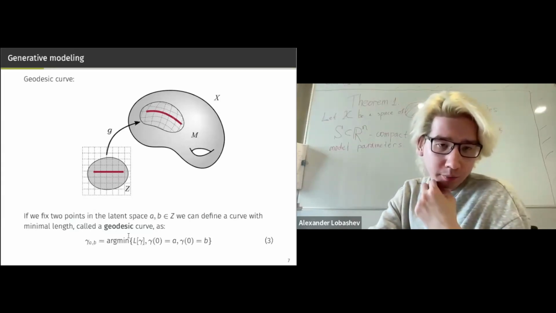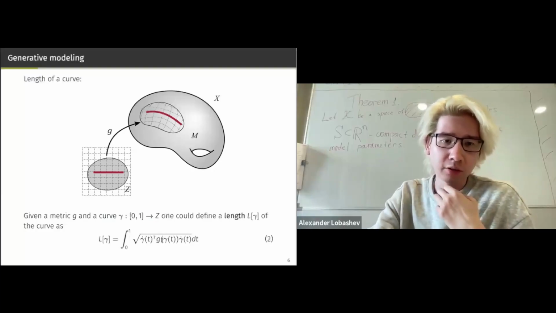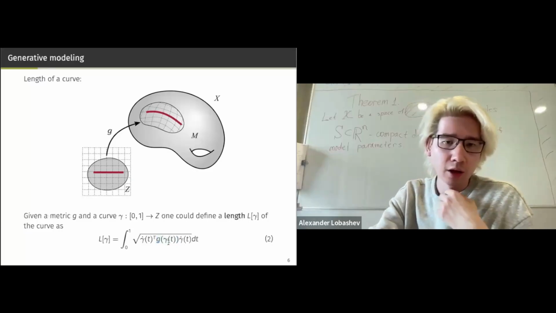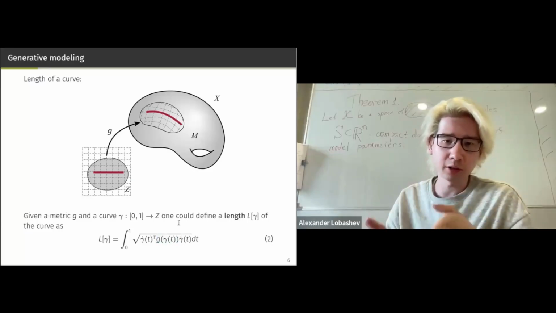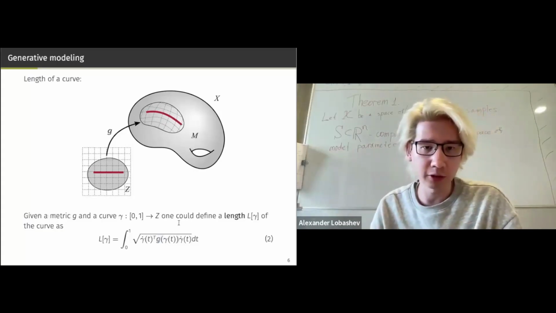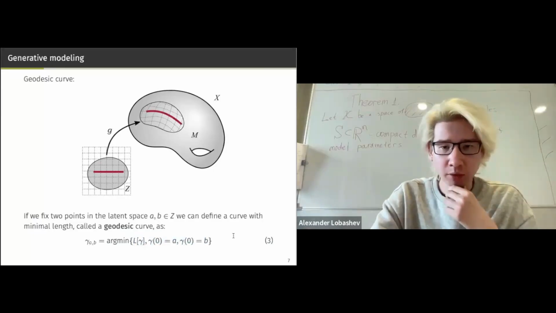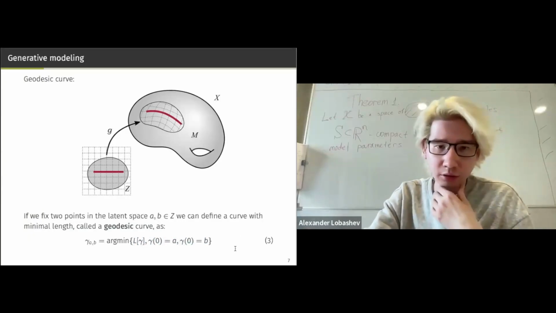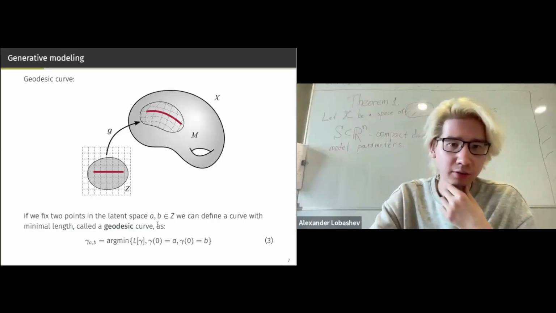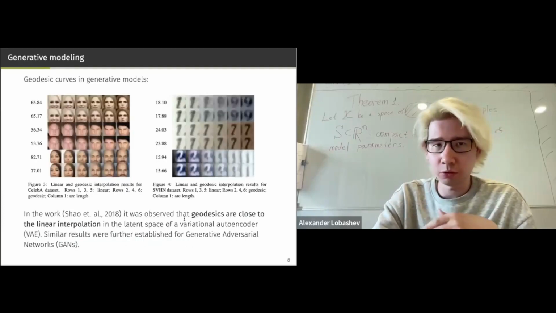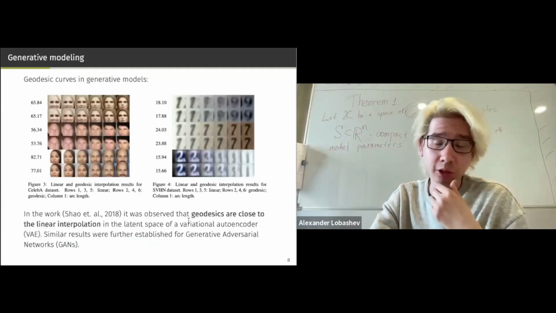Since the generator in both GANs and VAEs is a neural network which is fully differentiable, and as soon as we give it a single latent vector it is fully deterministic, we could compute this minimization problem using autograd in PyTorch, for example.